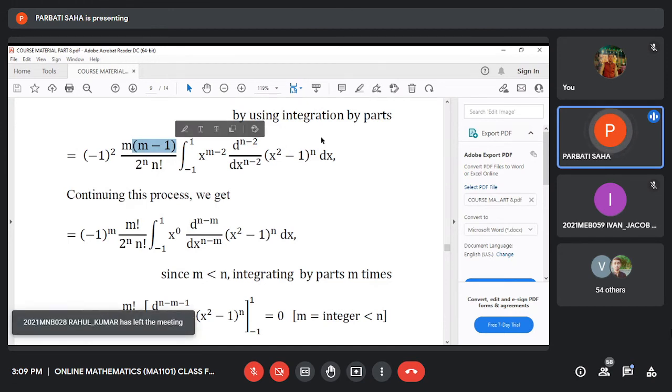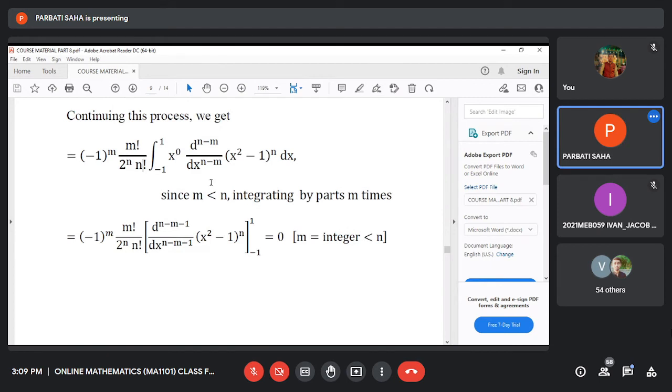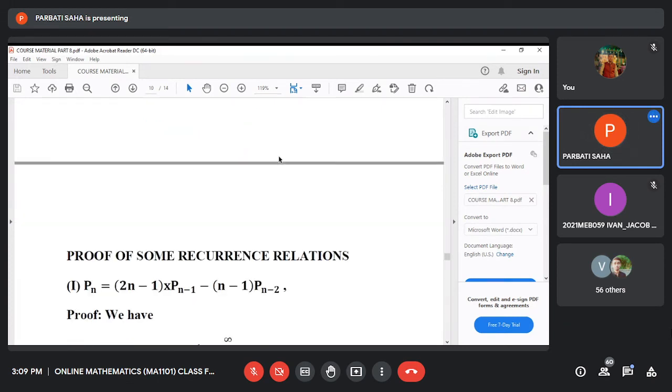If it is repeated m times, then it should contain m factors: m, m minus 1, m minus 2 up to 1. So it should be m factorial. Now x to the power 0 is 1, and then you again integrate from minus 1 to plus 1 like this, and again this will give 0 value. Just you obtain 0.